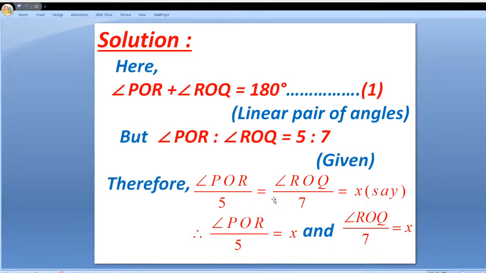Angle POR plus angle ROQ is equal to 180. Say this is result number first.